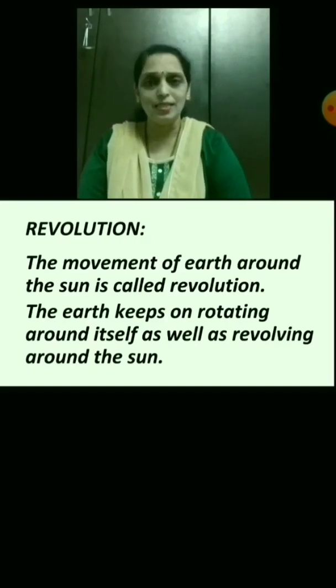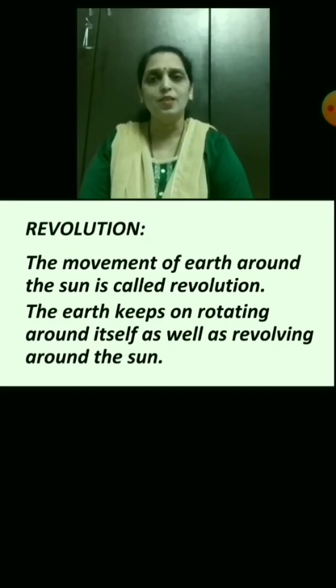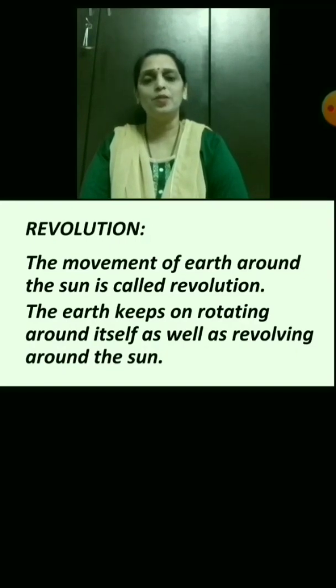Now students, tell me, what is revolution? Yes, very good. The movement of the earth around the sun is called revolution. And what does it do? The earth keeps on rotating around itself as well as revolving around the sun.